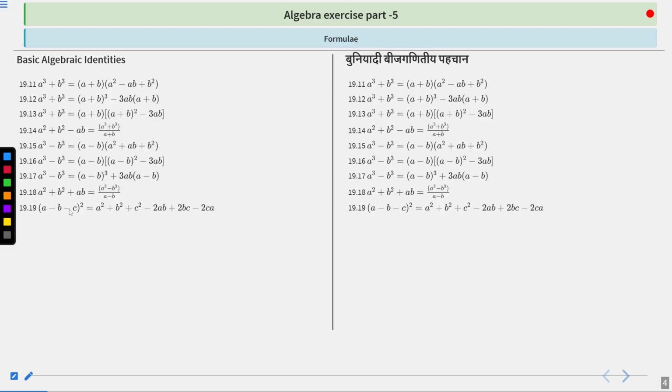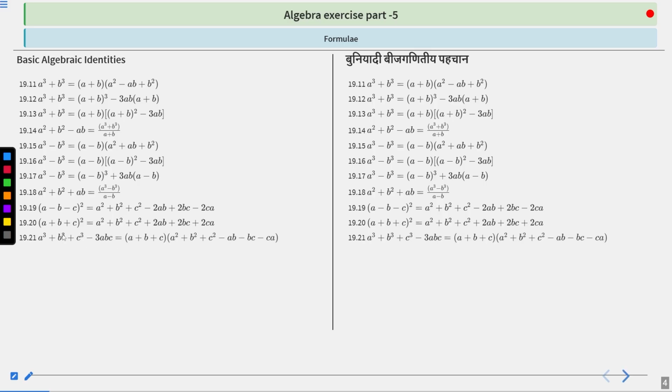Next is (a minus b minus c) whole square is equal to a square plus b square plus c square minus 2ab plus 2bc minus 2ca. Then (a plus b plus c) whole square is equal to a square plus b square plus c square plus 2ab plus 2bc plus 2ca.